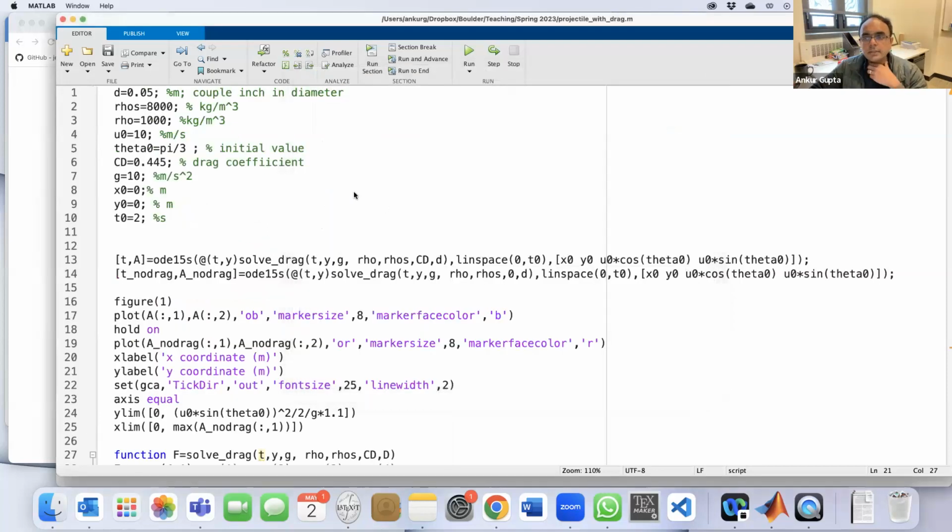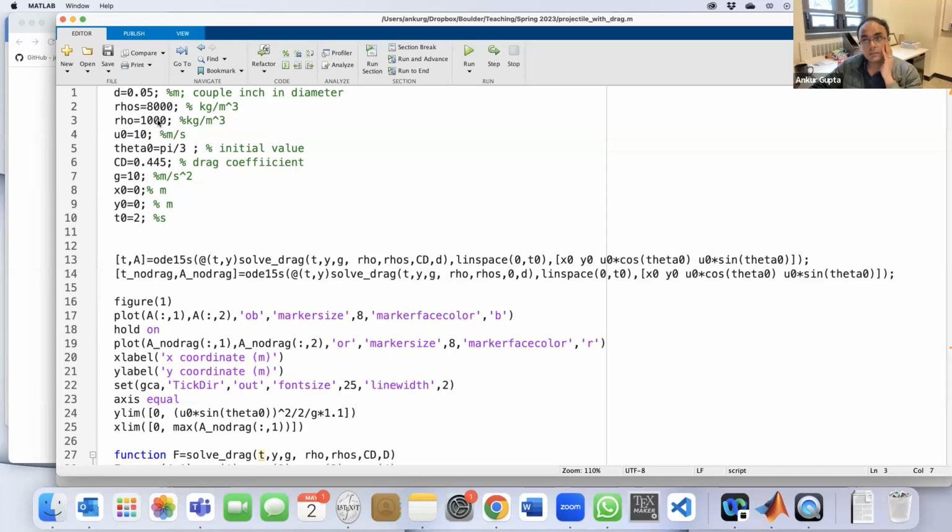Essentially the ball is 5 centimeters in diameter, which is about a couple of inches. Then some density of 8,000. This is high. You can reduce this for a steel ball or something metallic, but you can do a few thousand or something like that.